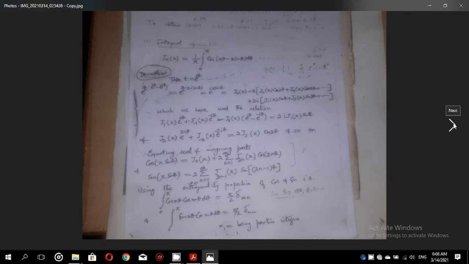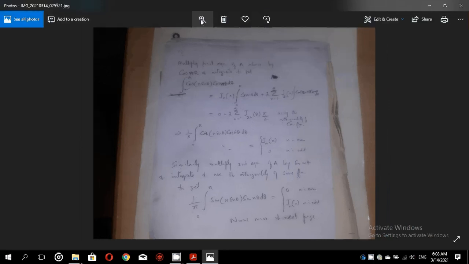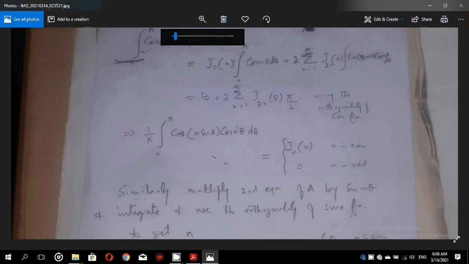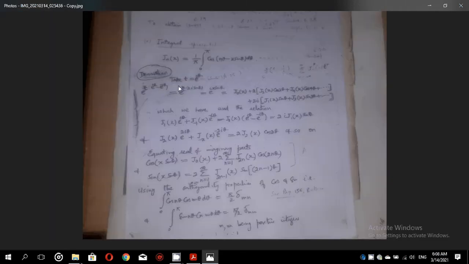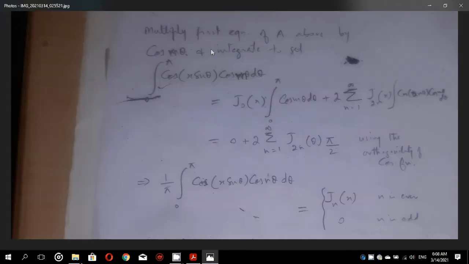Let me show you the next page. Yeah, this is what we have done here. We have multiplied the first equation above by cos m theta and integrated, and we will multiply the second equation later.